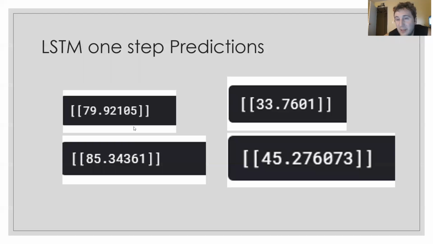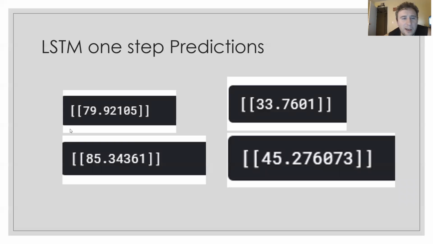The last thing here, these are one-step predictions using the LSTM models from last week that I created. And these were actually surprisingly accurate. This right here was Cisco Systems. This was Southwest Airlines, $33.76. Cisco Systems was $45.27.